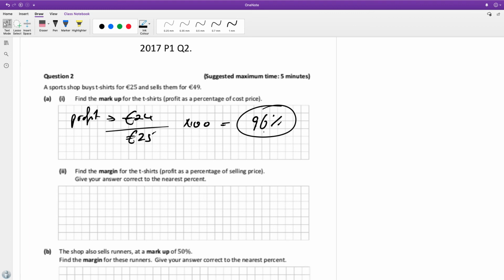What's the difference between the markup up here and the margin down here? Tells us in our little brackets. What's the difference between the two? So this one says profit as a percentage of cost price. This one says profit as a percentage of selling price.